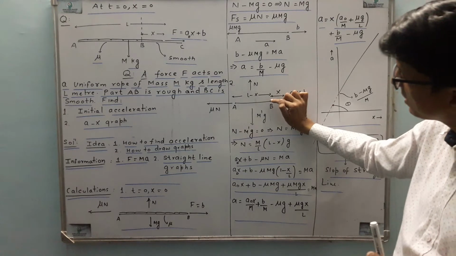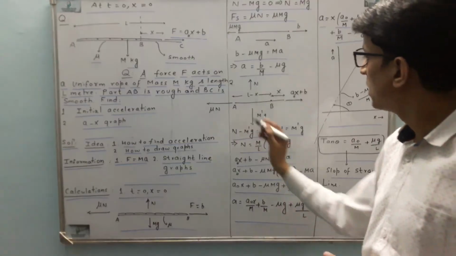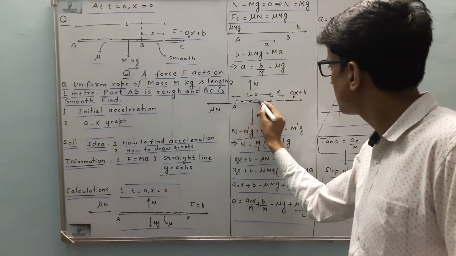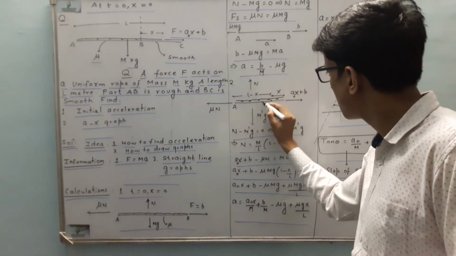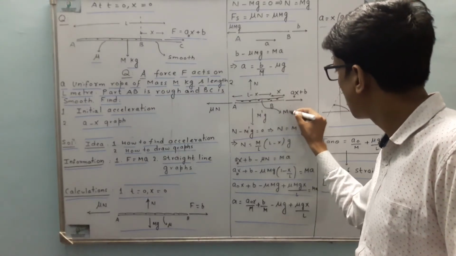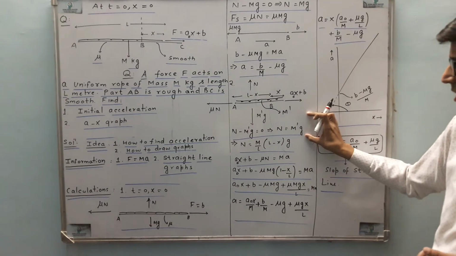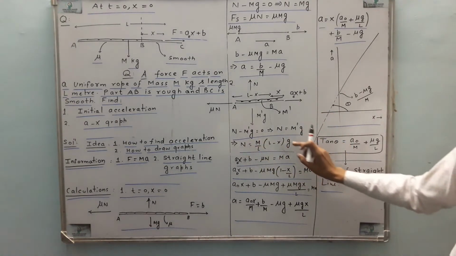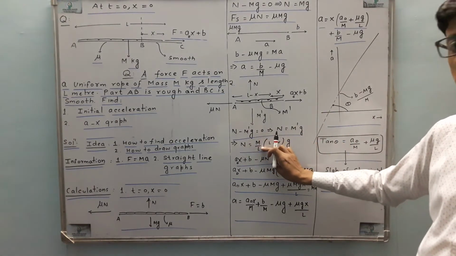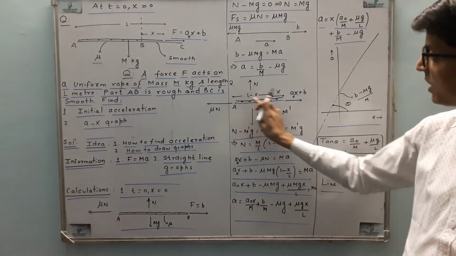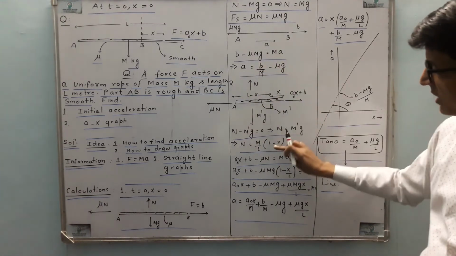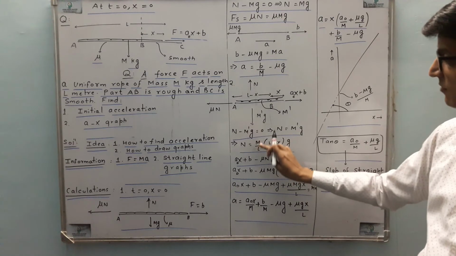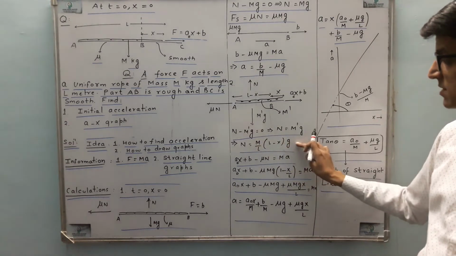Let us assume that the part of the rope which is on AB has a mass of m dash. So normal reaction would be m dash g. We can take mass per unit length as M upon L, and the total length of the rope between A and B is L minus x. So N will be M upon L, L minus x, into g.